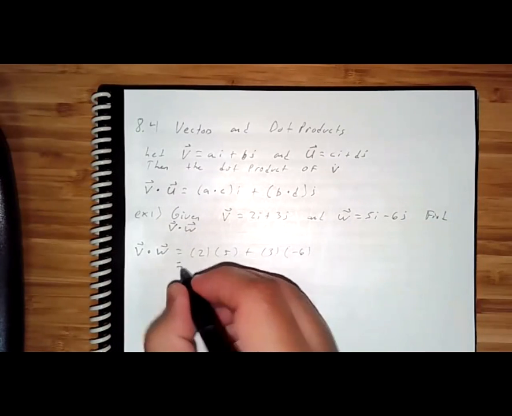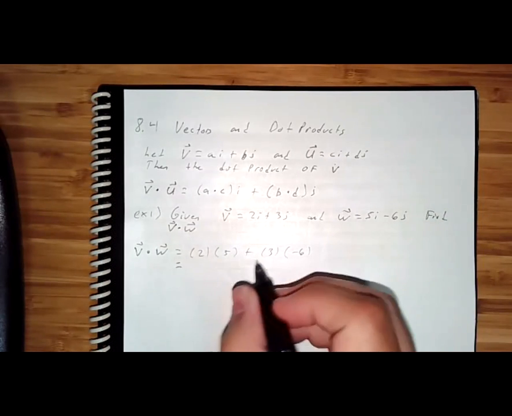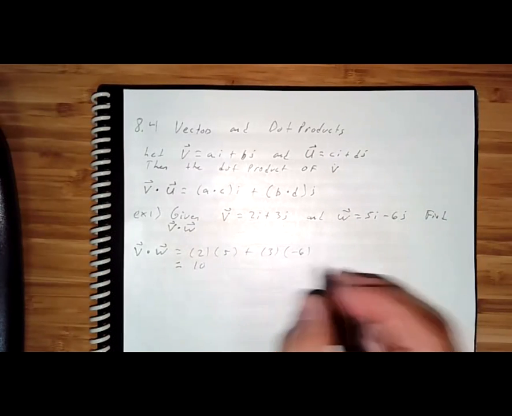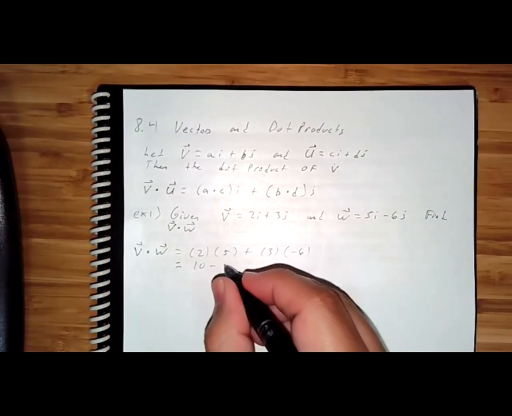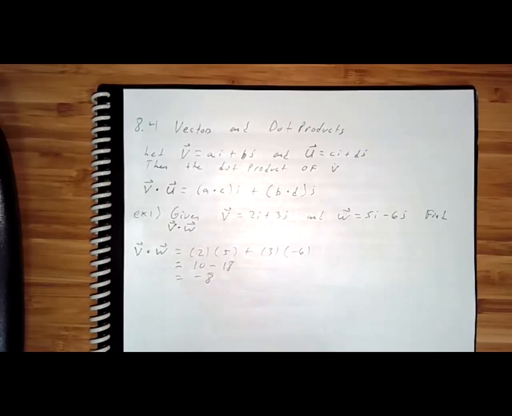So when you do a dot product, you will not get a vector back. You'll get a scalar, an actual number. So this would be 10 minus 18, which is -8. So this is the dot product of v and w.